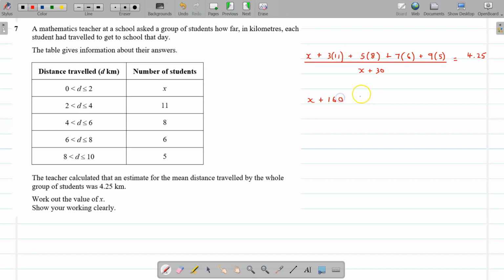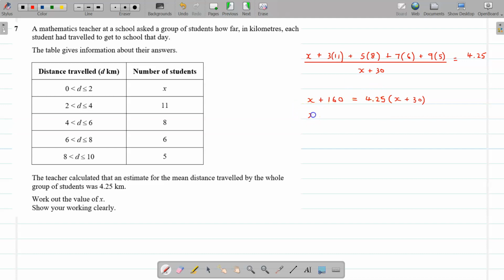And that equals 4.25 times x plus 30. Just bringing the denominator up to the other side. And I've got to solve this for x.